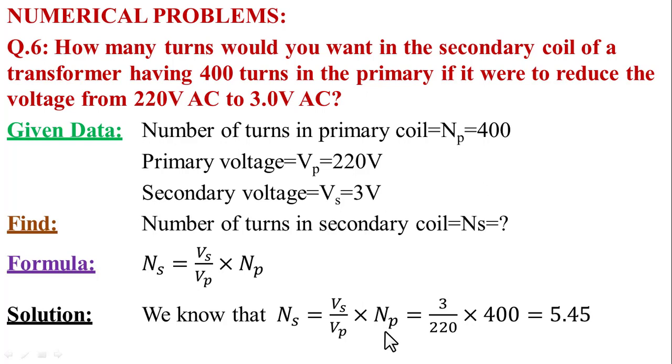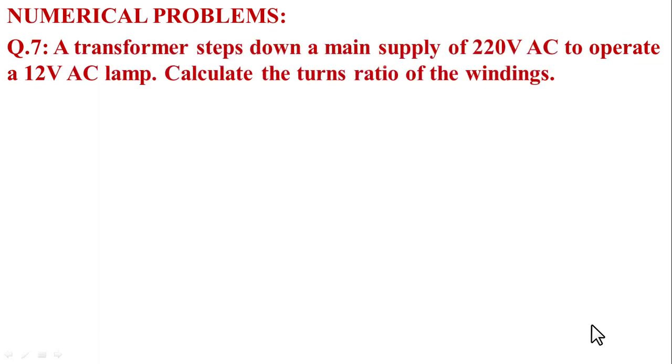Putting the values, Ns, the number of secondary coils, is equal to 3 divided by 220 multiplied by 400. So that is equal to 5.45. Now we will move to the numerical problem question number 7.